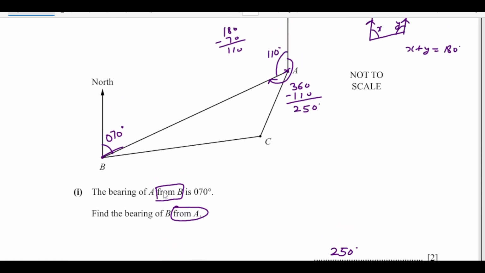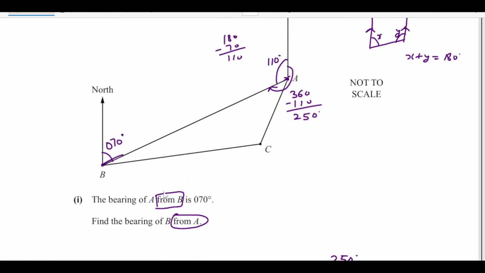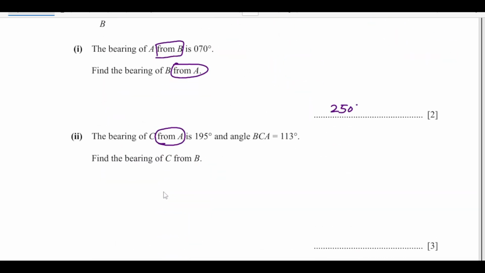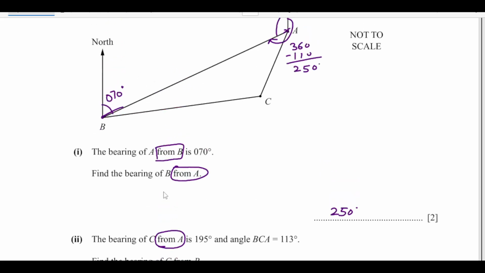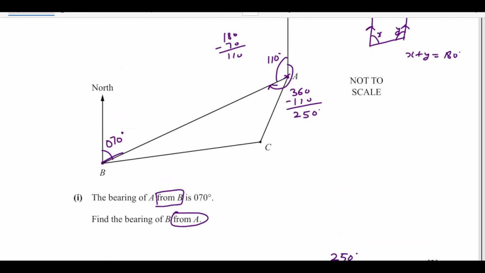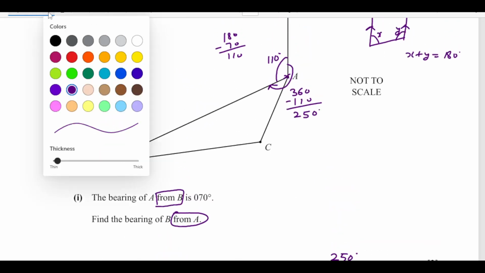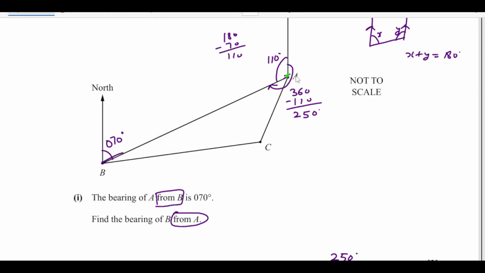Okay. Now the bearing of C from A, again circle this part, from A is 195. So I am going to A. 195. Bearing of C from A. So from here to here, let me just change the color so that you can see it clearly. Okay. So now we are talking about from A. A is there, from A to C. C is this one here up to here.